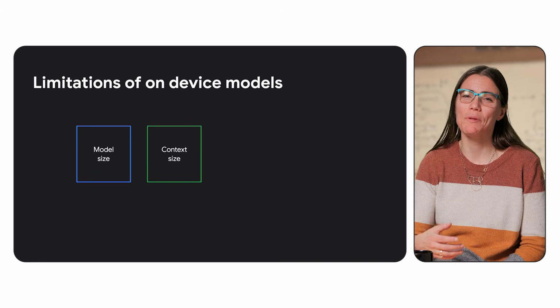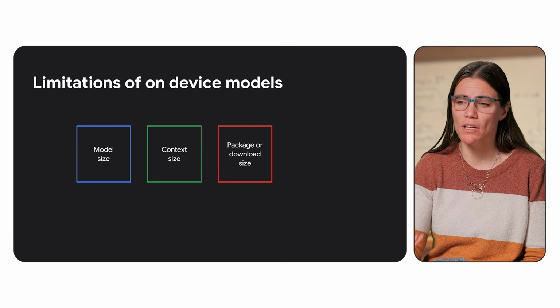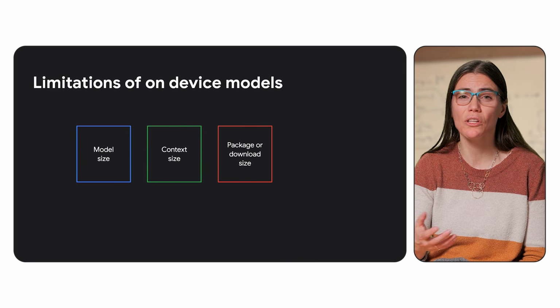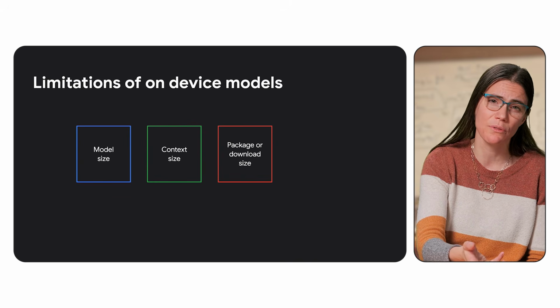So another one might be package or download size and needed computation capacity. Many demos and on-device model applications that I've seen include a small model as part of the application bundle, whether that's the page that downloads in the browser or the app that downloads to a mobile device. In certain environments, like if you have bad connectivity because you're camping or in my living room, the time it takes to download may be an issue for the user, and they would prefer to call the model remotely as needed.